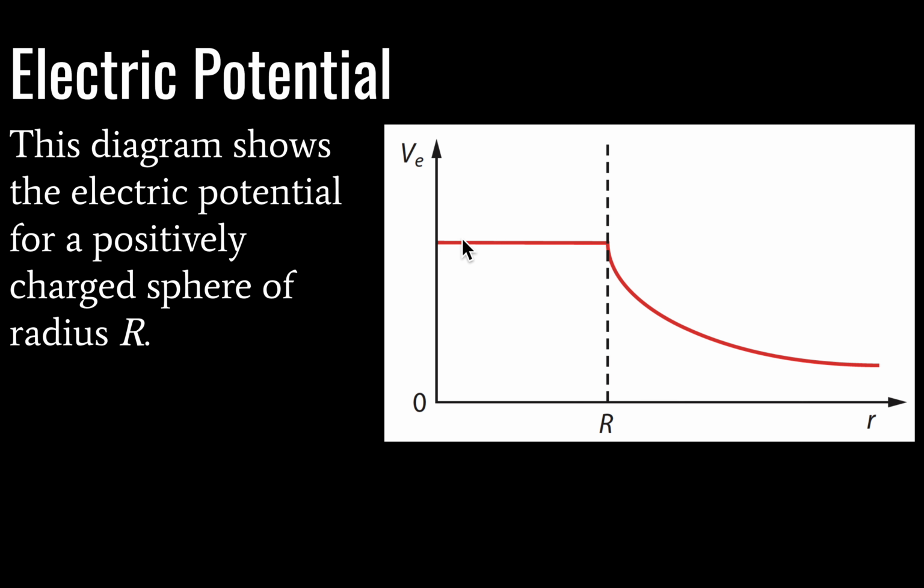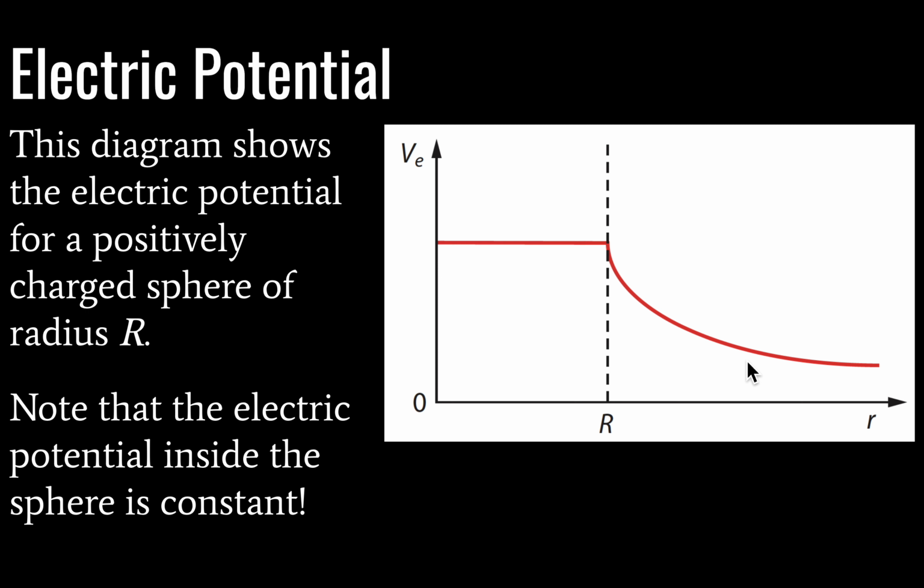The reason for that requires calculus to explain, but it's because the vector sum of all of the forces on a test charge inside the sphere would be the same everywhere inside the sphere, which is pretty cool. So constant electric field and electric potential inside the sphere. Awesome. Once we get outside the sphere, however, our electric potential is going to decrease inversely with distance. Good times, good times.